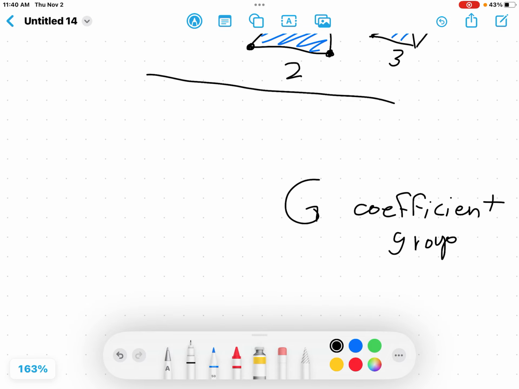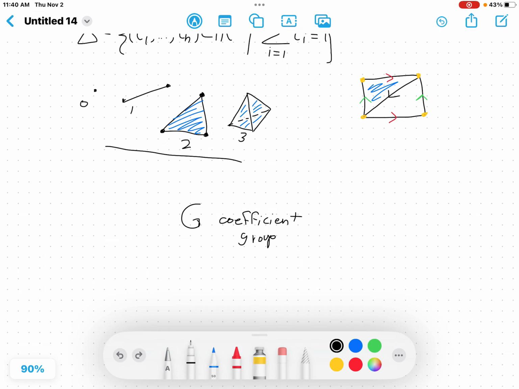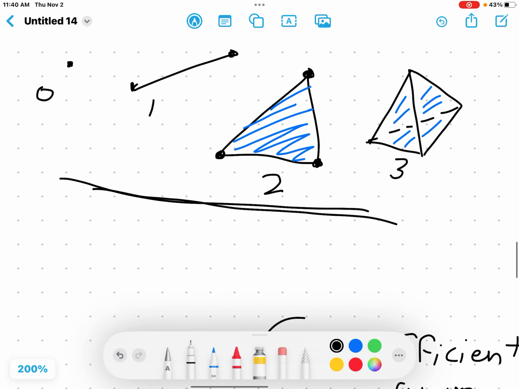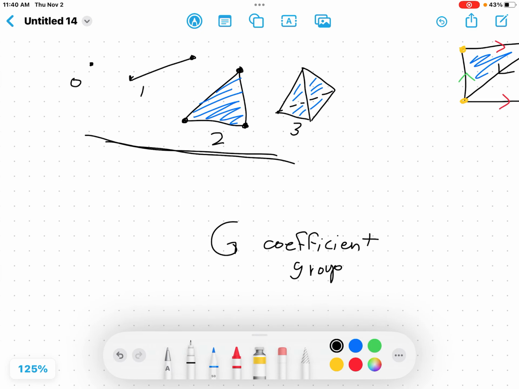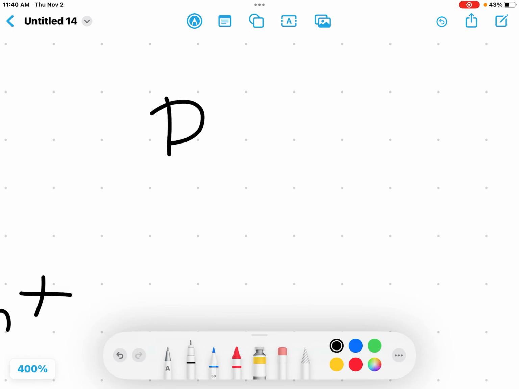The coefficient group is something that we put into a complex called a chain complex, and from there we compute the homology group. So it depends on how many of each of these are inside your space, what given coefficient groups you have. So we have multiple coefficient groups. So let's define what a chain complex is.